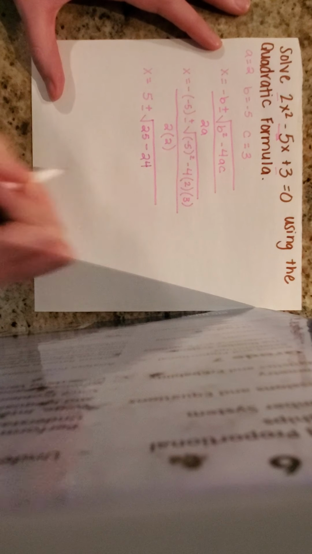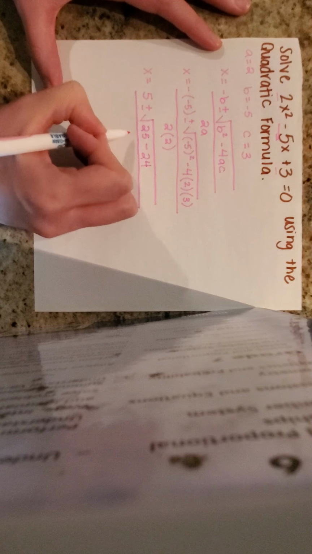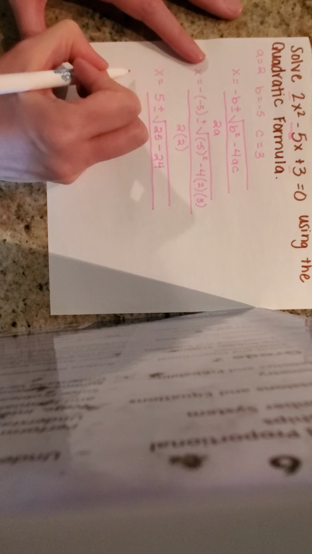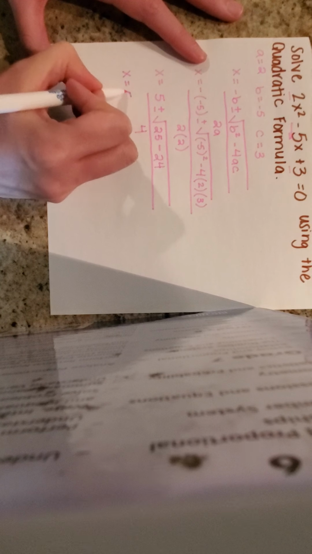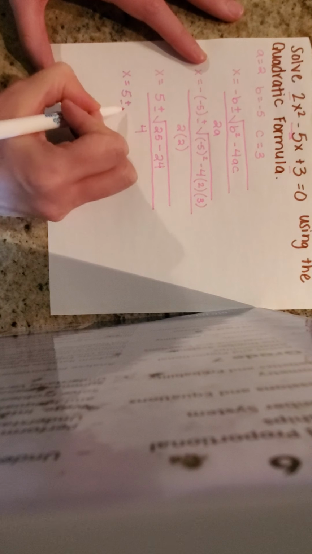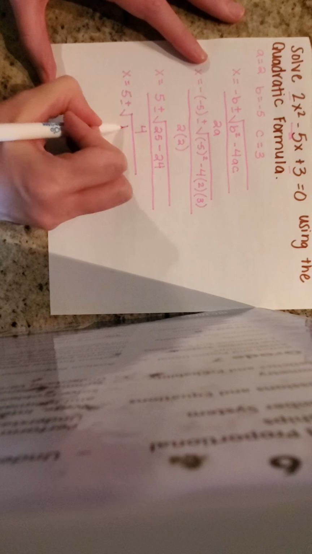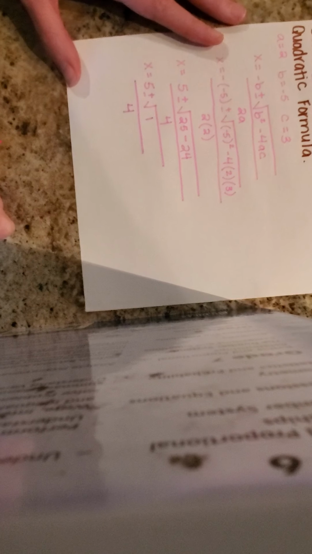So minus 24, all over 2 times 2, which is 4 down here. Now I can simplify. I'm just being really careful and organized in how I show my work. 5 plus or minus the square root of 25 minus 24, which is 1, all over 4.